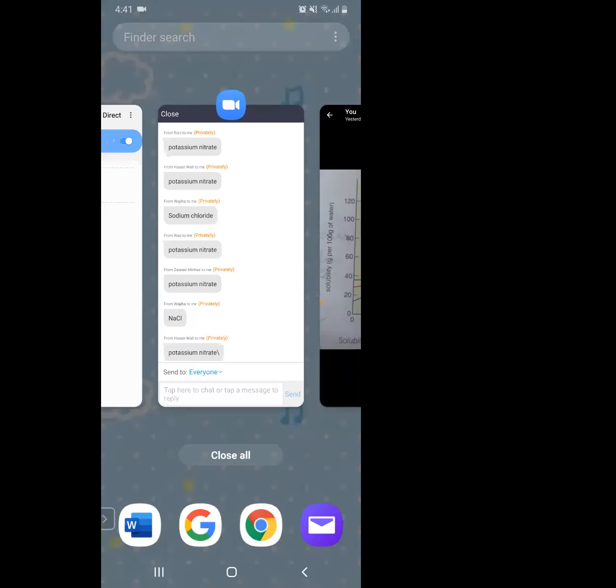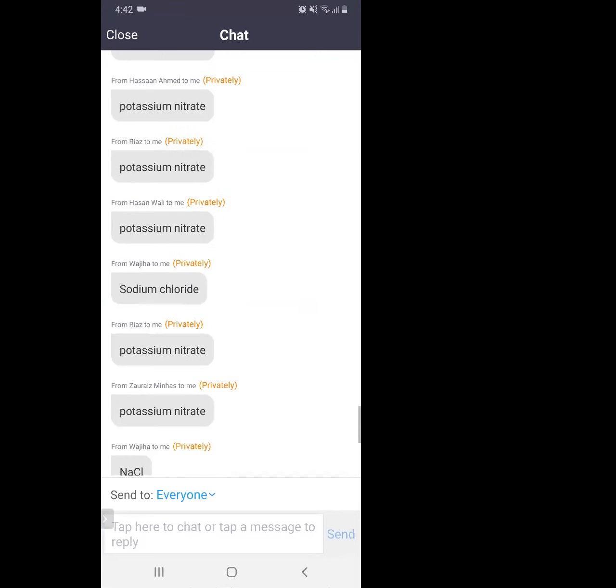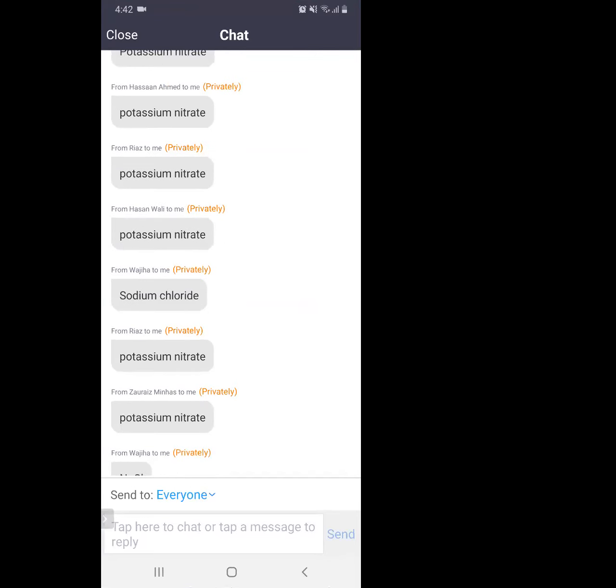And then this red line, which is potassium chloride, is in the middle. So if I arrange them in order of decreasing solubility, it would be green, red, and then blue. Green is sodium chloride, red is potassium chloride, and blue is potassium nitrate. Okay? Is it clear? Did you understand, Riaz? No need to be sorry, but did you understand?